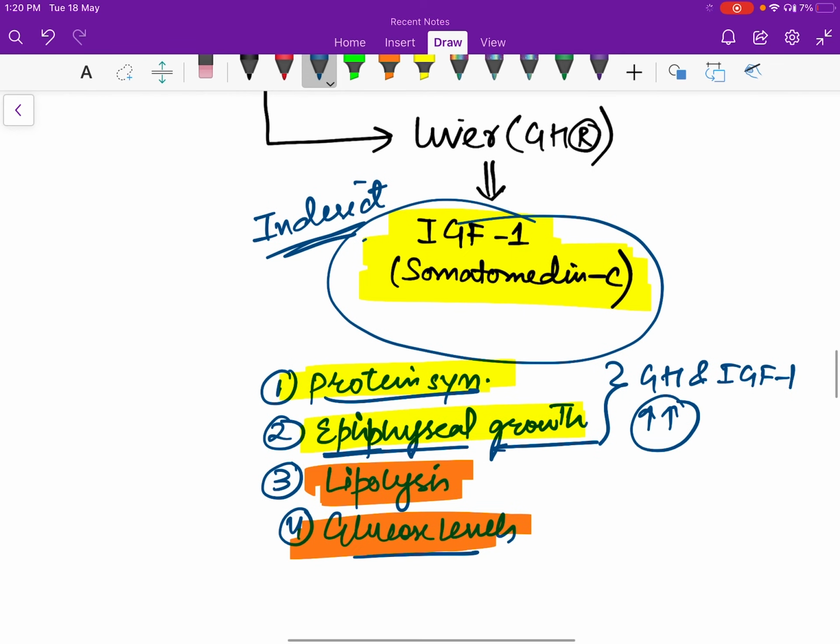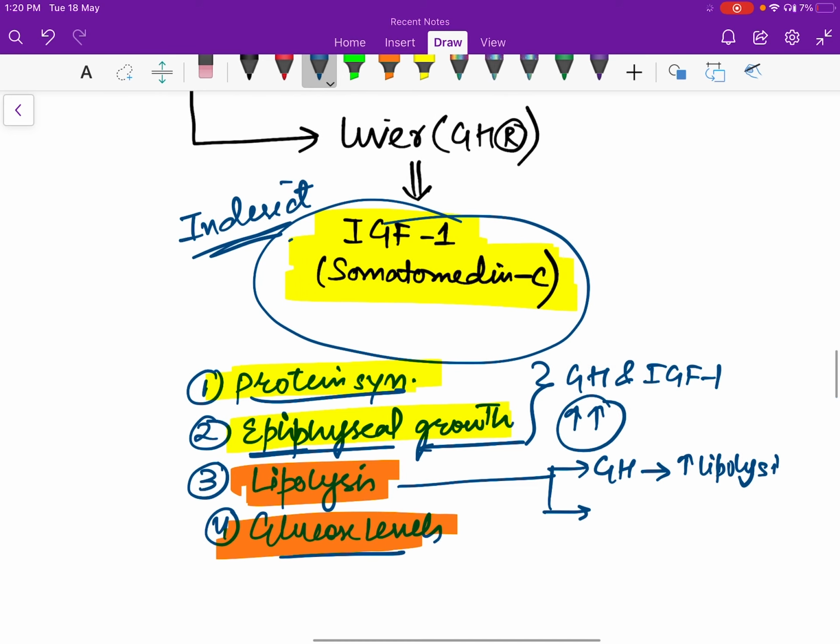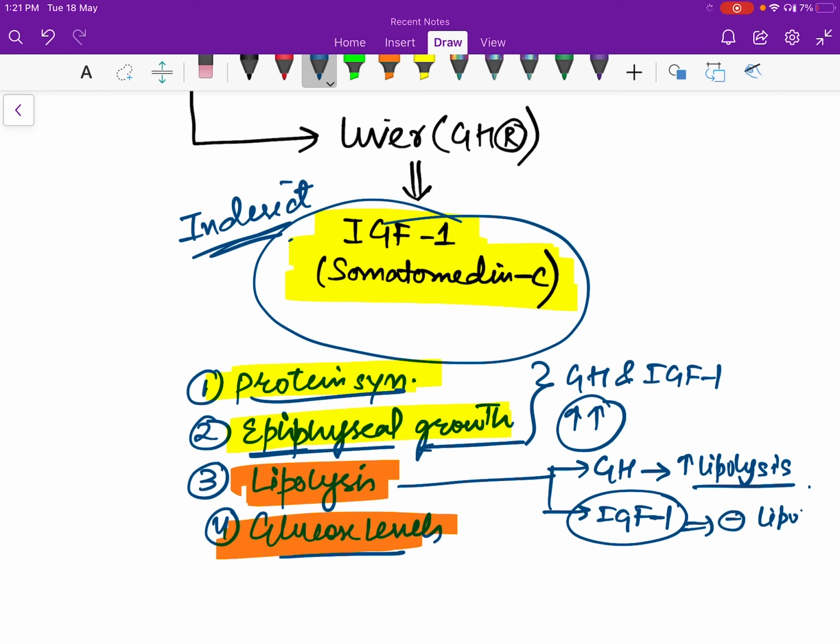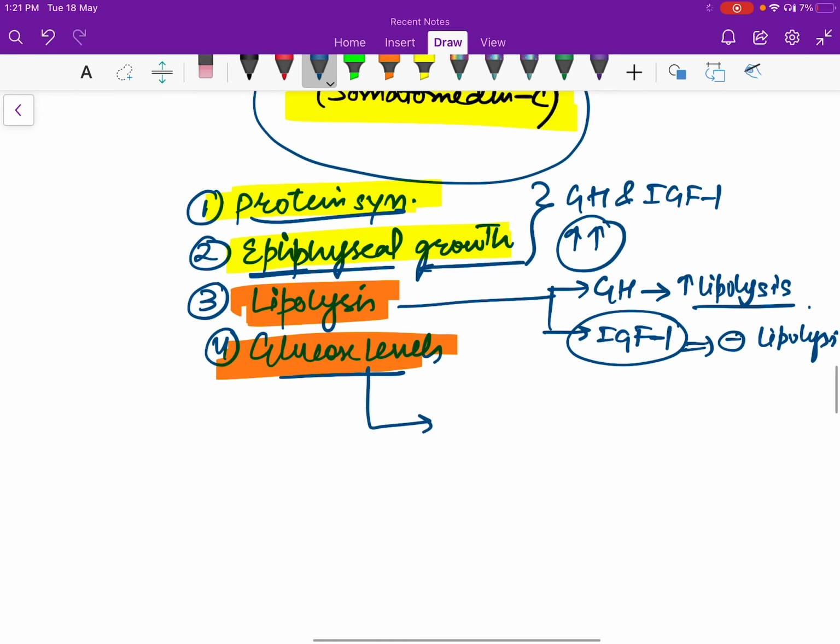Okay. So if we talk about lipolysis, growth hormone increases lipolysis. And insulin-like growth factor 1, all the actions of this are just like insulin, so it inhibits lipolysis. And if we talk about glucose levels, growth hormone is diabetogenic.